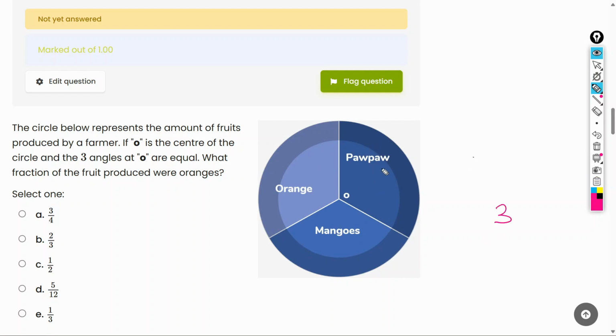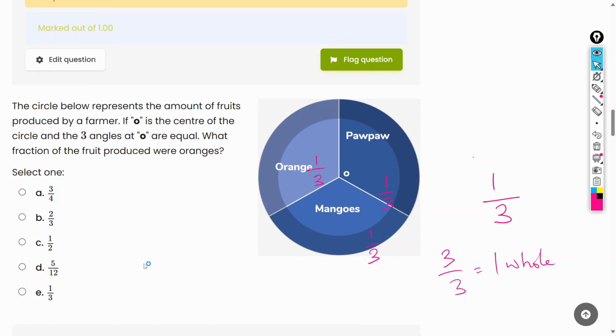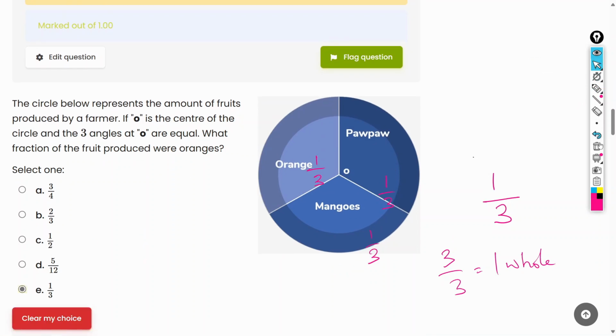If we split 1 into 3 equal places, each of them will take 1 out of 3. This is 1 out of 3. This is 1 out of 3, which by the time we put it together gives us 1 plus 1 plus 1, which is 3 out of 3, which is 1 whole. So the fraction that took oranges is 1 out of 3.